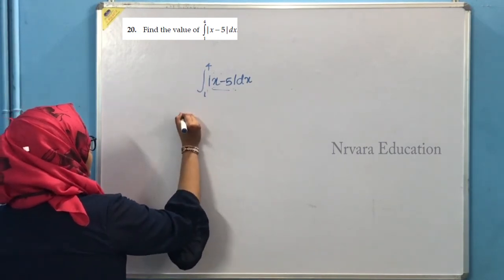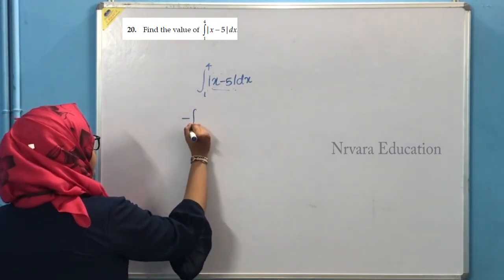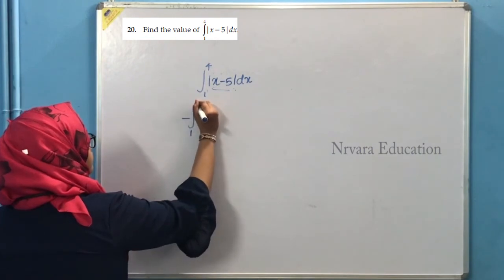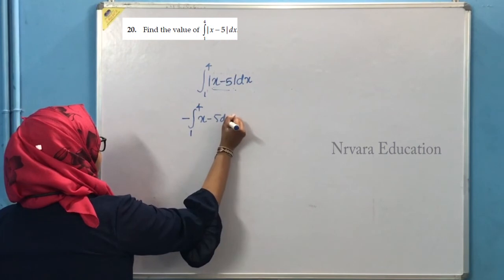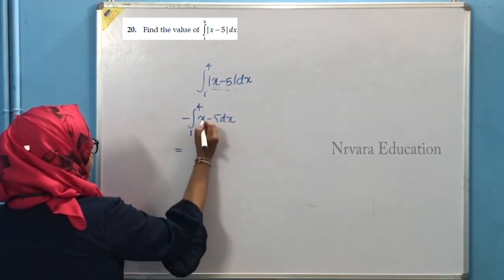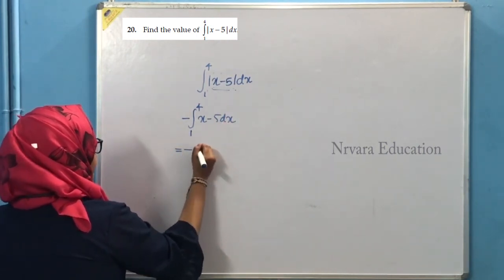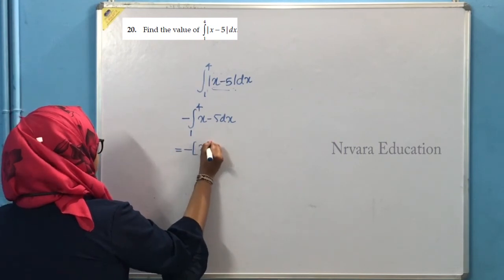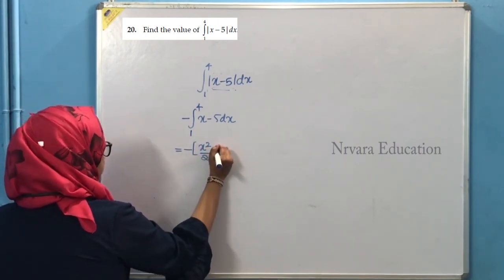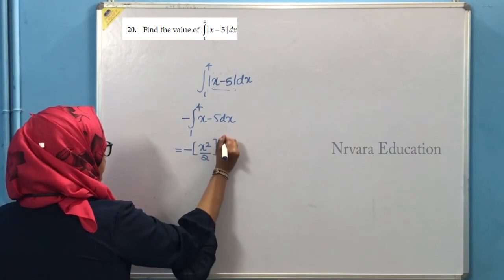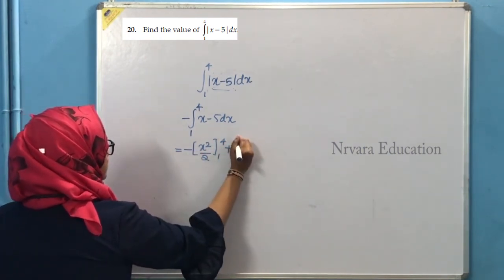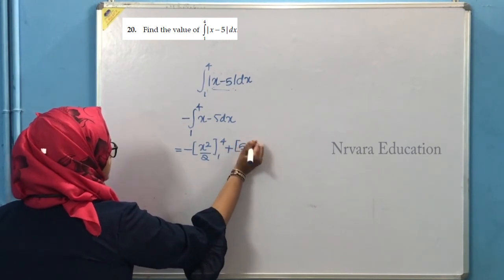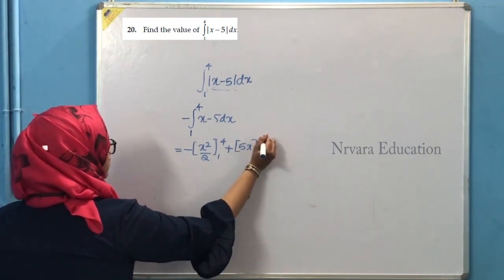So, we are going to write it as minus integral 1 to 4 of x minus 5 dx. So, we integrate it individually and we get negative of x square by 2 from 1 to 4 plus, since we multiplied this, 5x from 1 to 4.